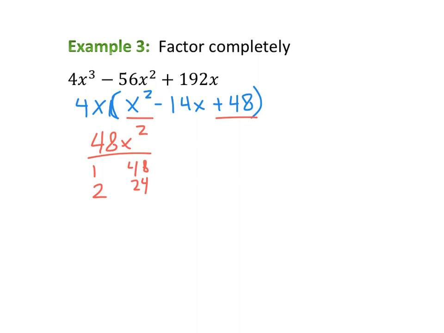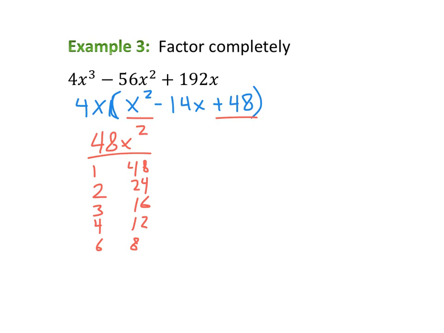Yes, it has to. 3 and 16. 4 and 12. 5 doesn't go into it. 6 and, let's see, I think it's 8, 6 and 8. 7, 8, okay. So that's all the factors.